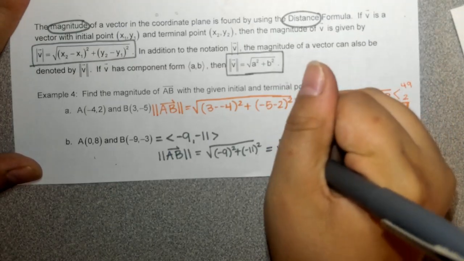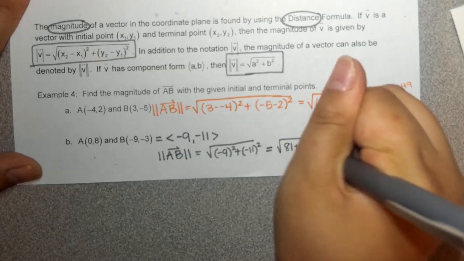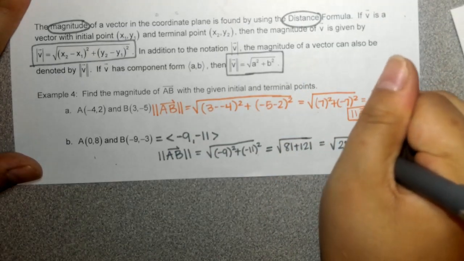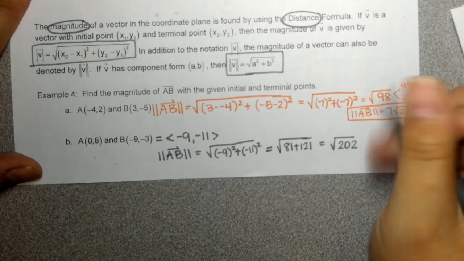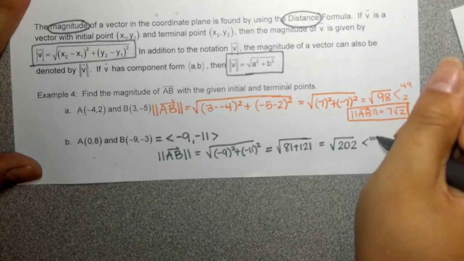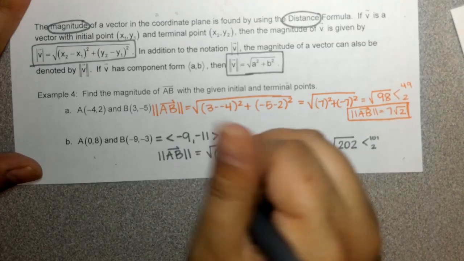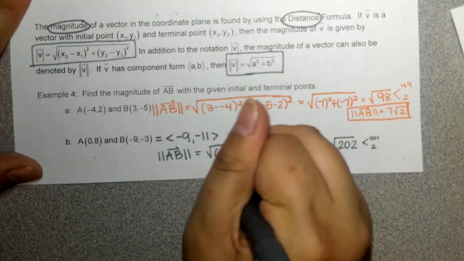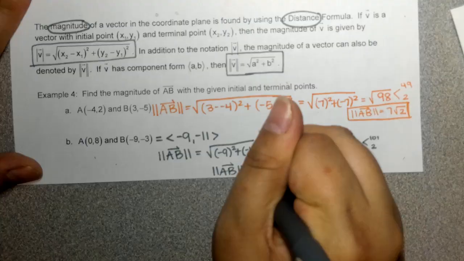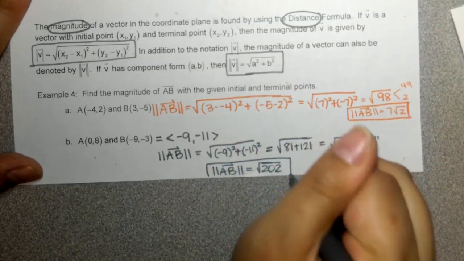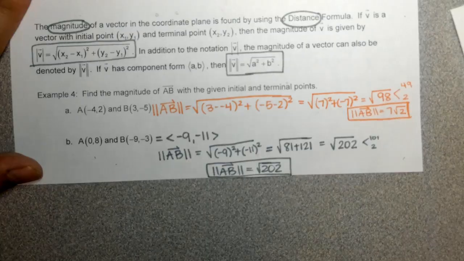That gives me 81 plus 121, which is 202, which is 101 times 2. I don't think that does anything. Does it? No. So the magnitude is the square root of 202.